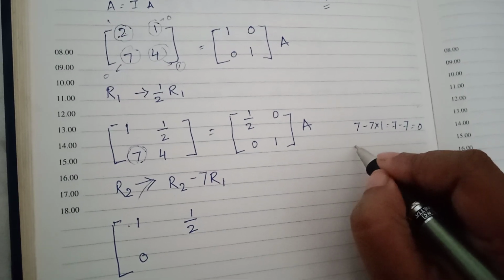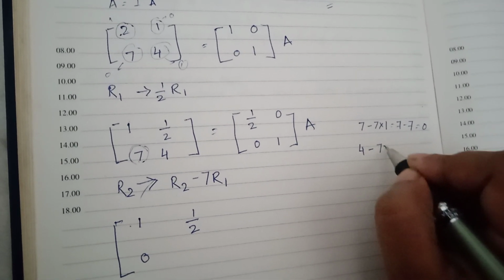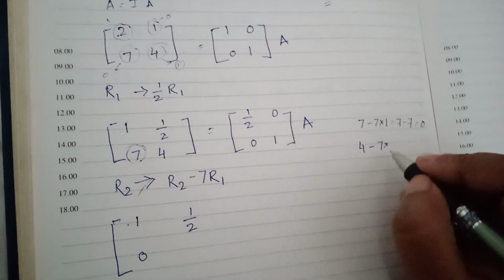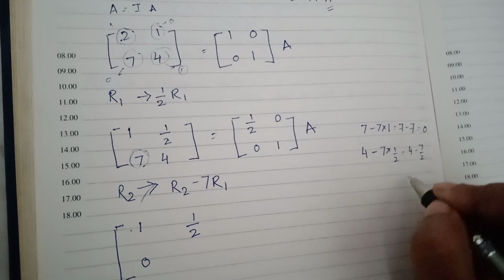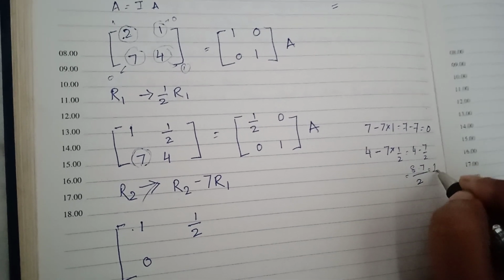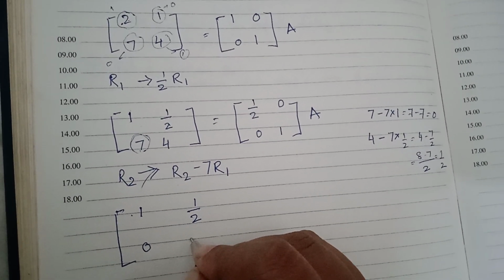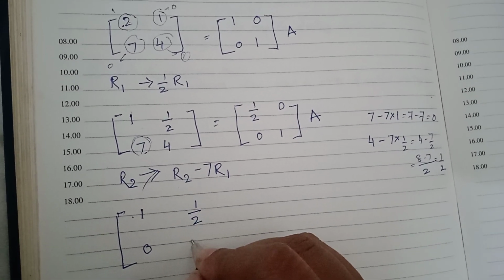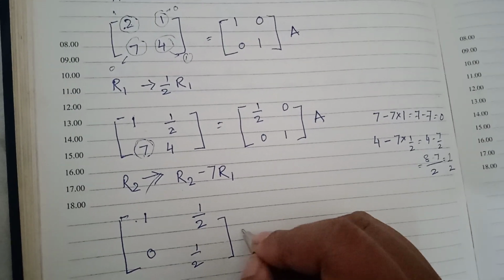Now what is the next one? R2 is 4 minus 7 into, what is R1? Half. So 4 minus 7 by 2. If I take LCM as 2, it is 8 minus 7, which is half. So I write the half over here.